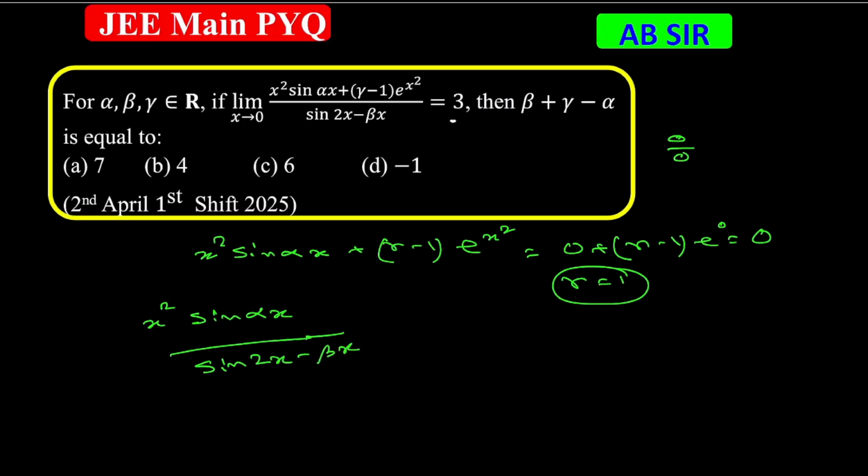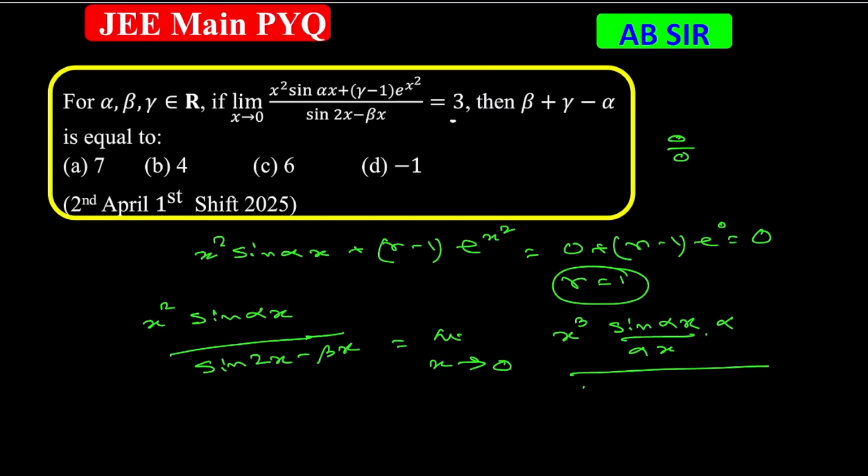So these types of sums are very common for the entrance examination. Now we'll multiply by x, so the limit as x tends to 0 becomes x cube times sin(alpha x) by x. Remember one thing, we are multiplying alpha in the numerator and denominator. Whenever we get the opportunity to use a formula, it's the best way, because using the formula you will make your sum easier.